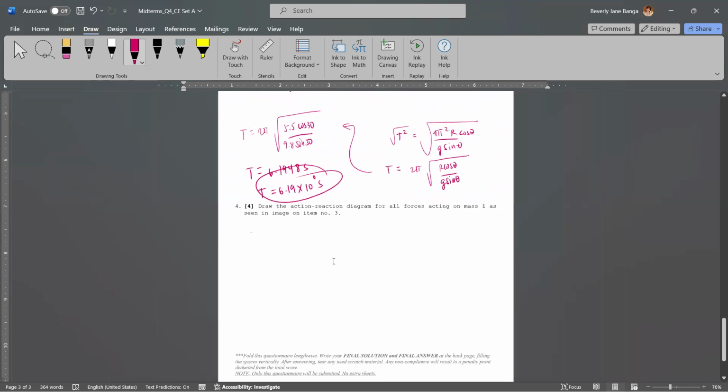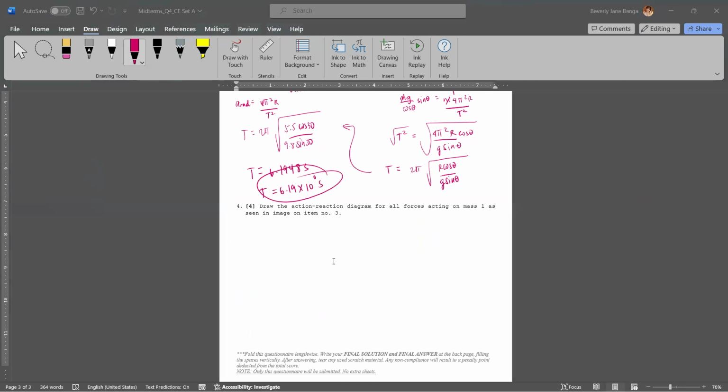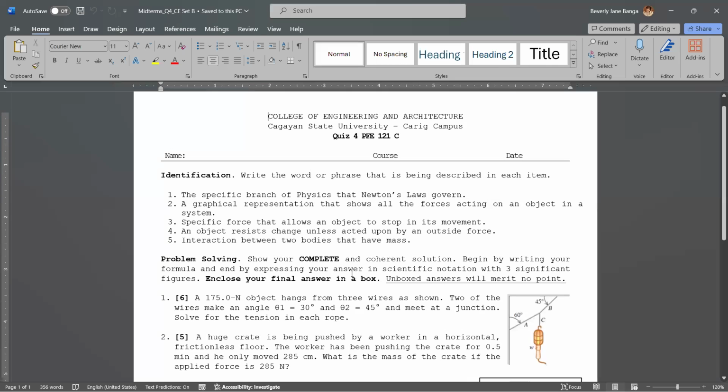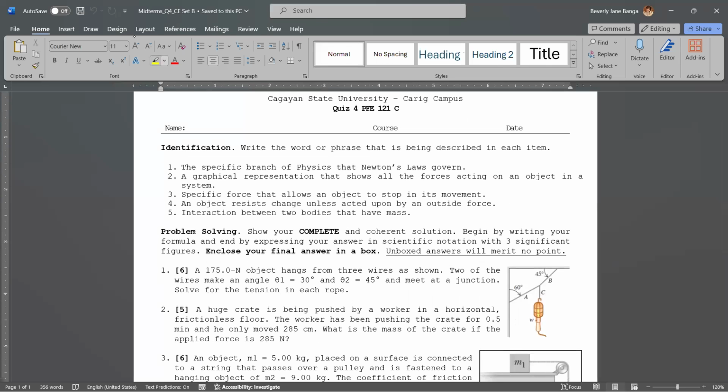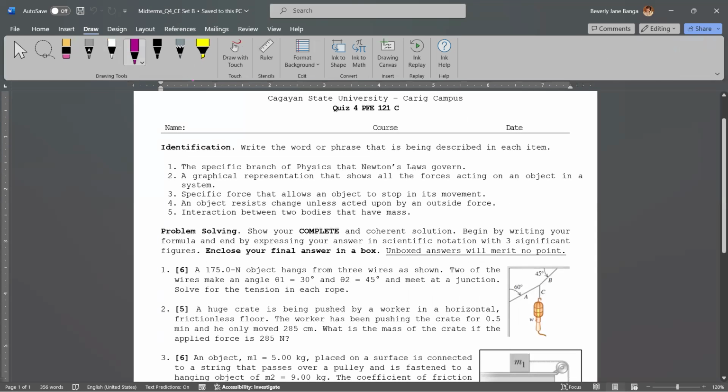That one is very easy. Let's go over the other sets. I think the idea is relatively the same. So, set B, I think it is the same. The specific branch of physics that Newton's laws govern is dynamics. And then again, this is a free body diagram.